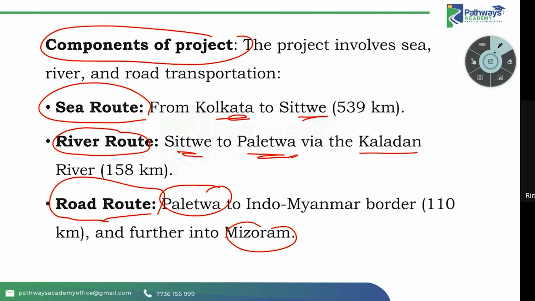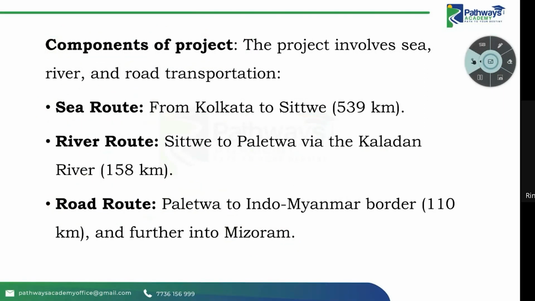These are the three components: sea route, river route, road route. UPSC may ask whether it includes a rail route. No, there is no rail route. It only includes sea, river, and road routes.